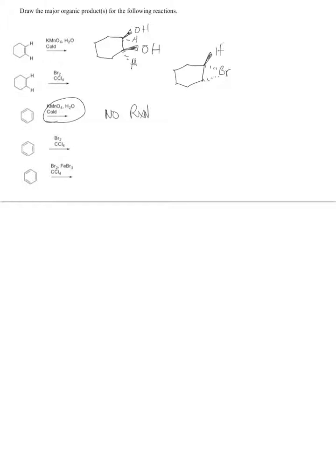So what happens here, you get this bromonium intermediate, and then the bromide will nucleophilically open up that three-membered ring, and this forms an anti-bromination, where the bromine comes from the top side.